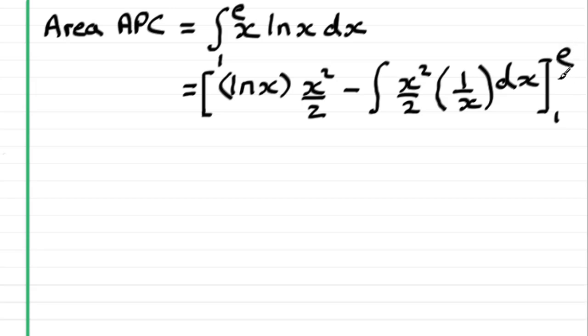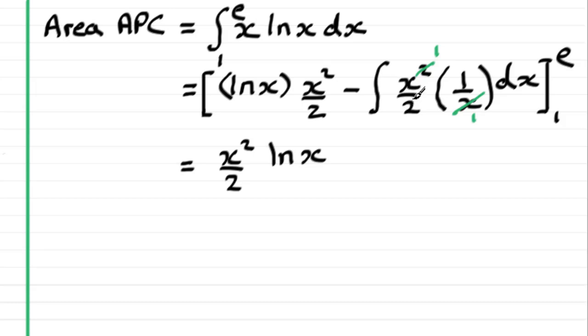Okay. Now I can see that if we clean this up, we can divide that x into there. So we end up with a half x here. So I'm going to tidy up this first term. I'm going to put the x squared over 2 first of all. All right, x squared over 2, natural log of x. Now I've got to integrate minus a half x here.